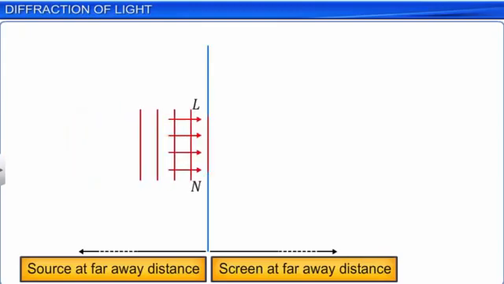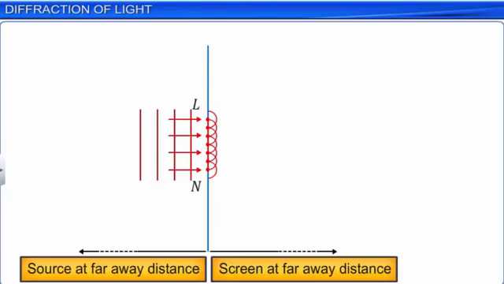When a plane wavefront is incident on the slit, all the points of the plane wavefront are in phase. According to Huygens principle, every point on the wavefront acts as a source of secondary wavelets that spread out in all directions with a speed equal to the speed of propagation of the wave.